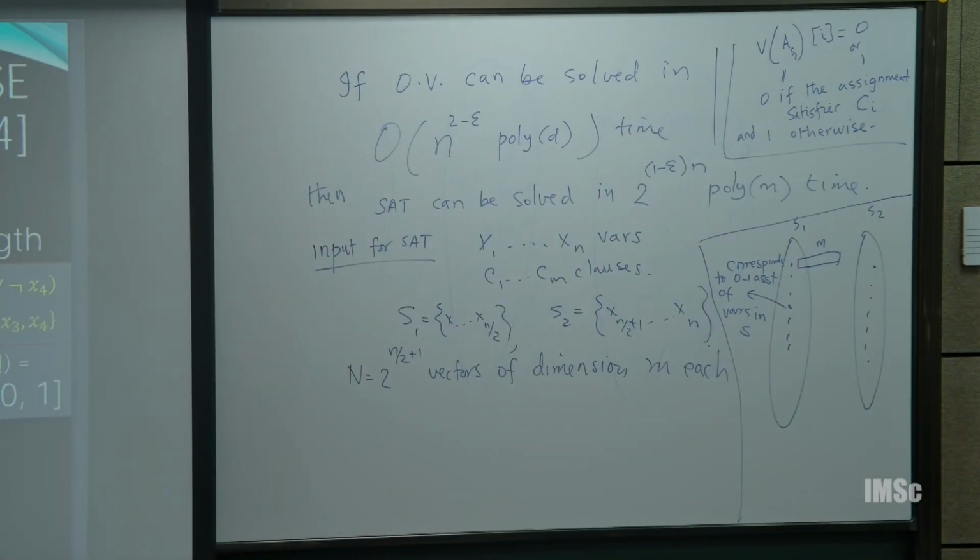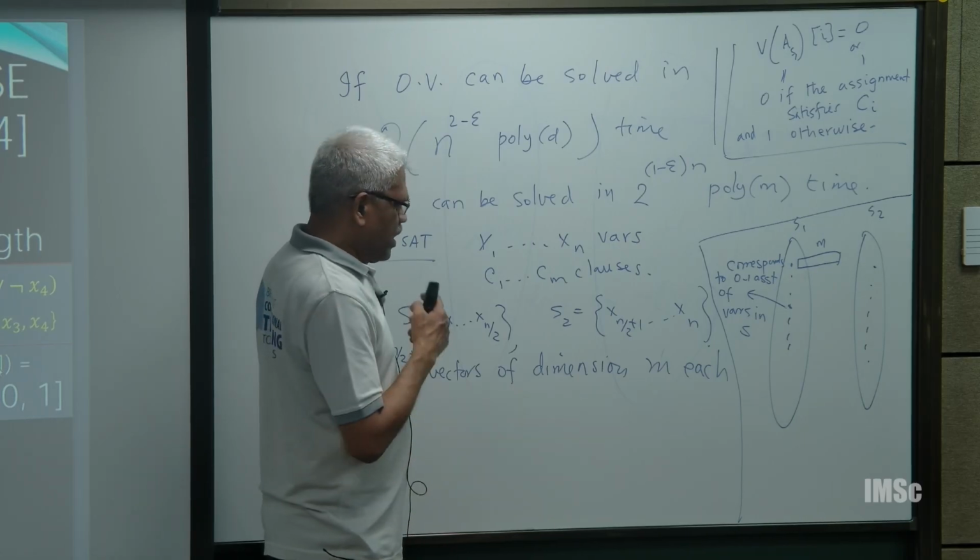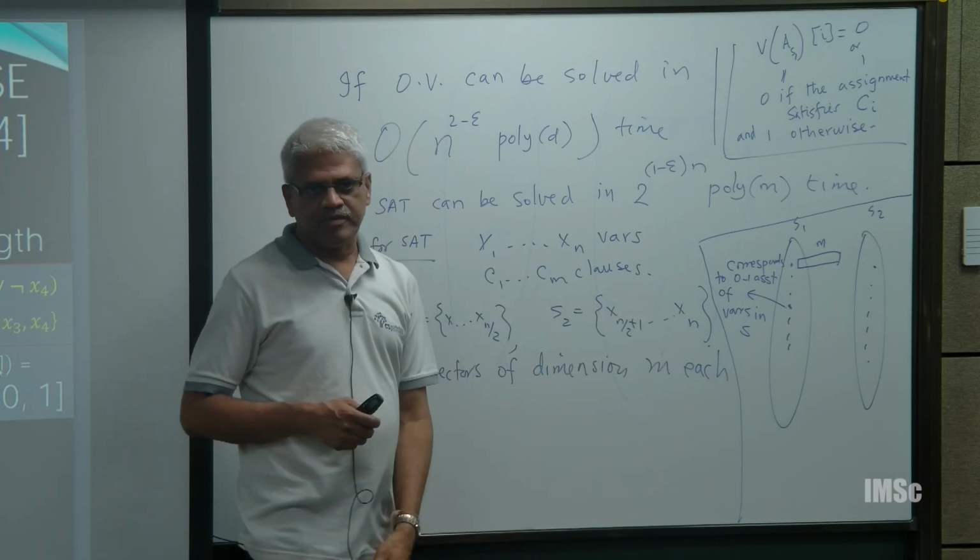Okay, it's a reduction as we have seen in the NP completeness world, except it is from a polynomial time solvable problem, because orthogonal vectors can be solved in polynomial time. We are reducing to a polynomial time solvable problem, but we are spending exponential time. That is important.